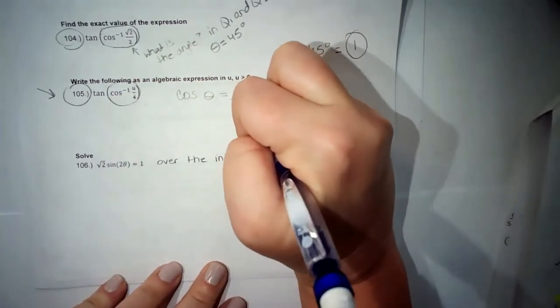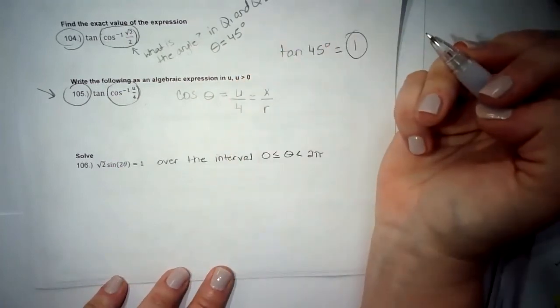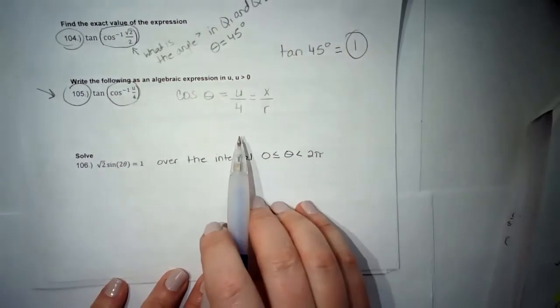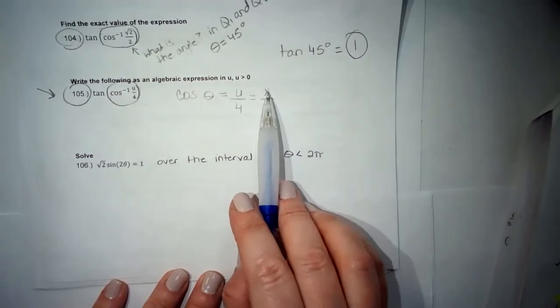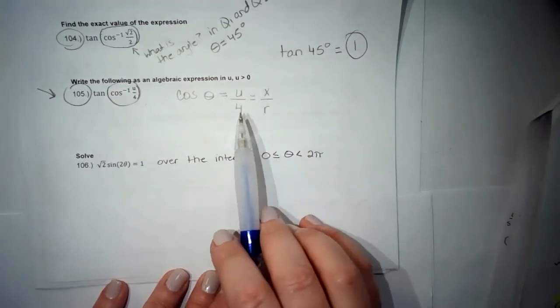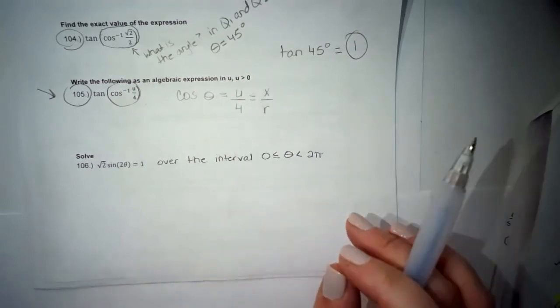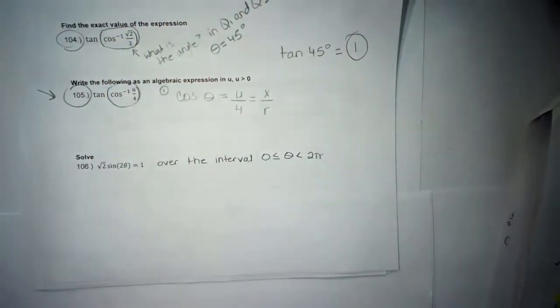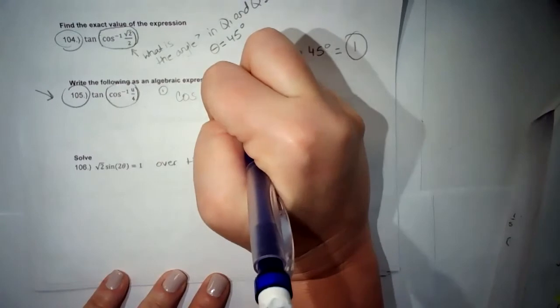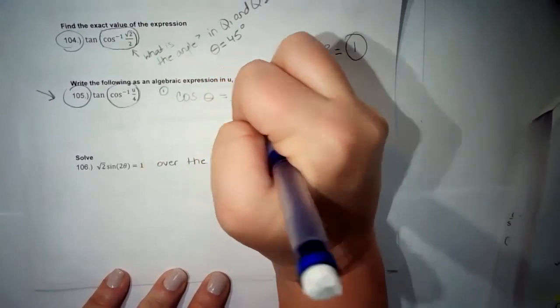Cosine equals x over r. So now we're going to substitute in our letters and we're going to make x equal U and we're going to make r equal 4 and we're going to solve for y. So the first thing we did is we kind of set it up and we said, okay, this is what they equal.